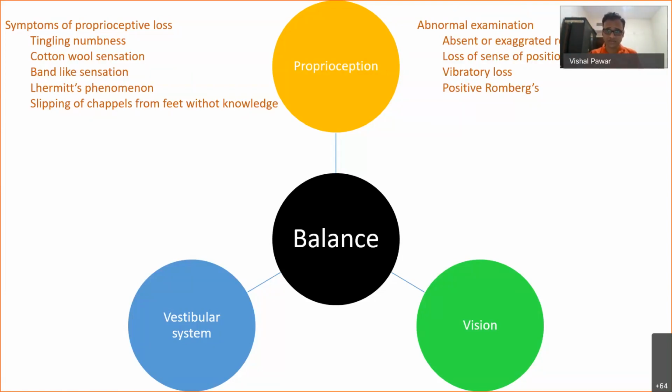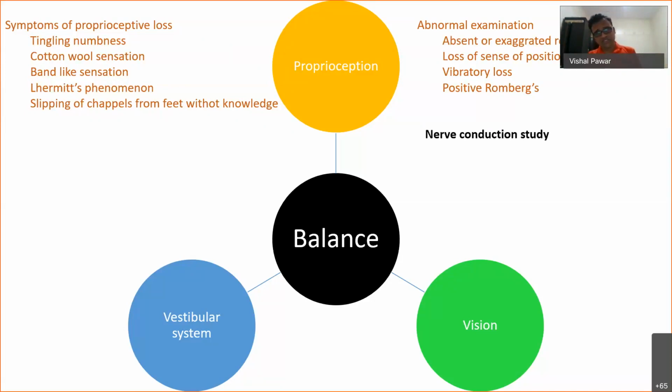I check in every patient who presents with tingling numbness in the feet, or patients who have imbalance. It's very important to check vibratory sensation in the great toe versus at the ankle and versus higher up. If there is a graded loss, it goes in favor of neuropathy. And positive Romberg can be seen in proprioceptive loss and also in vestibular loss. So it's very important to look at the symptoms and other signs.